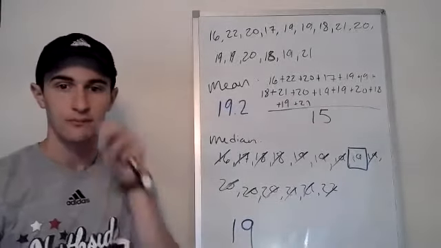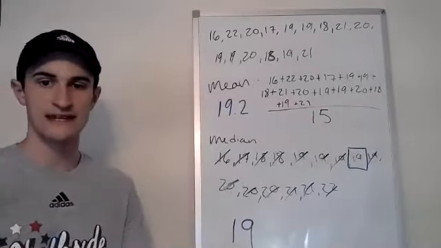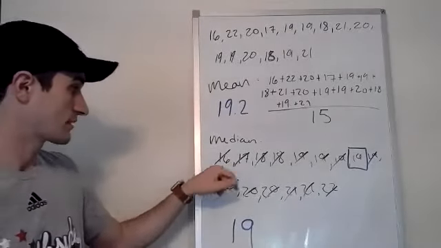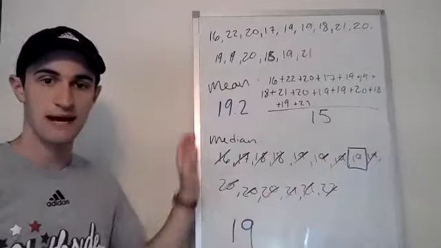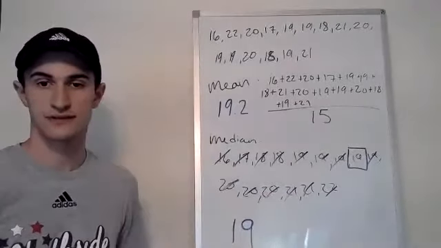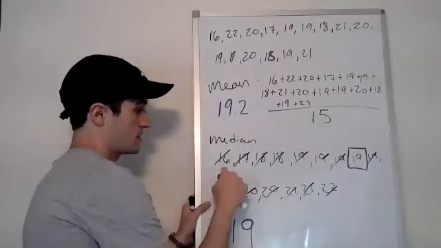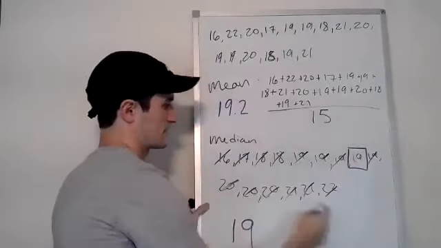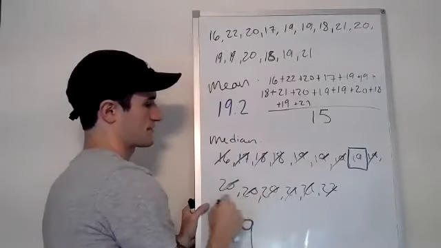You could count. Monday we counted. We said there's 15, so half of it is going to be around 7. So we would count 7 this way and count 7 backwards, and that would give us the same place. So count 1, 2, 3, 4, 5, 6, 7. And you count the other way, 1, 2, 3, 4, 5, 6, 7.